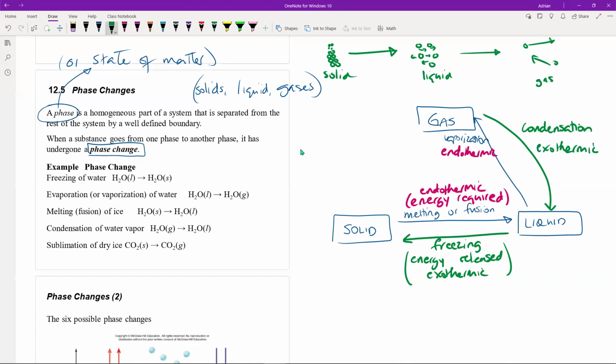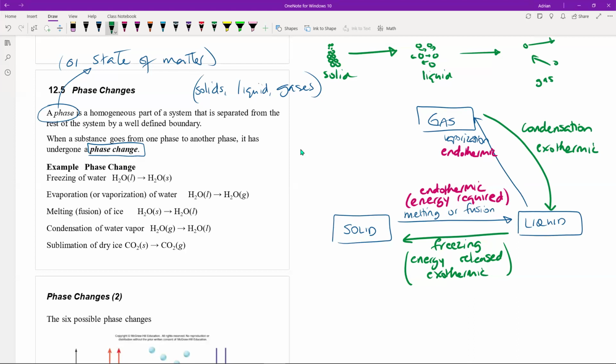So we can see going from a solid to a liquid to a gas, but we need to provide a lot of energy to melt the solid and then to vaporize the liquid. Going in the other direction, going from a gas to a solid, that gas can condense, lose energy, become a liquid. That liquid can then freeze, lose energy to become a solid.